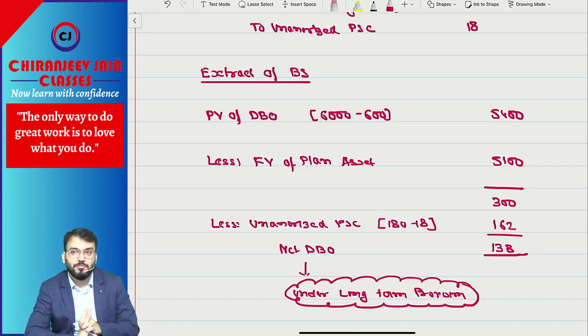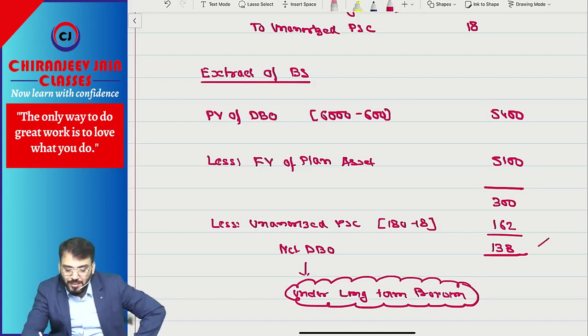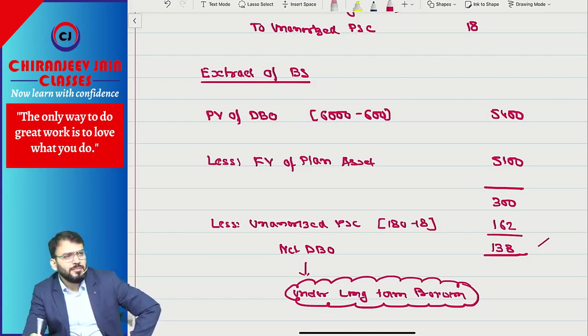5 marks question. Or they may create one MCQ. They will ask how much amount will come in the balance sheet. So 138 is the amount which will appear in balance sheet. Simple.